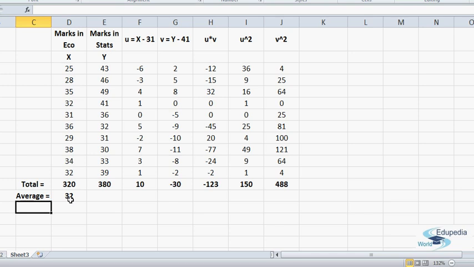So the average of x is 32. The same way, let's find the average of y. This will be b, which is 41, plus summation of v, which is minus 30, divided by n, which is 10. So we have got the averages of x and y as 32 and 38.